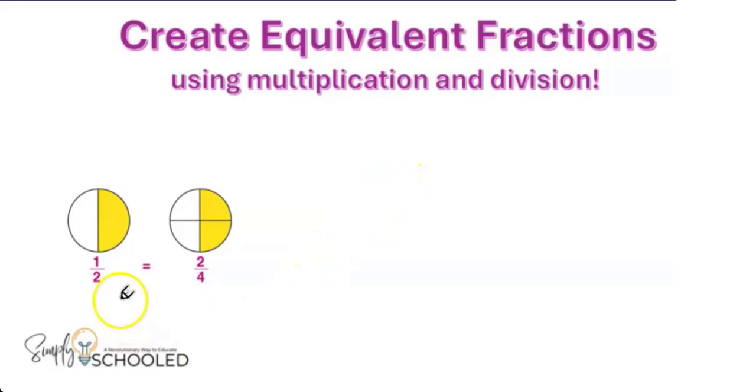So in the last video, we learned that 1/2 equals 2/4, and you can see that by the picture here. But let me show you a really quick way to find an equivalent fraction. If you notice, we have 1/2 equals 2/4.